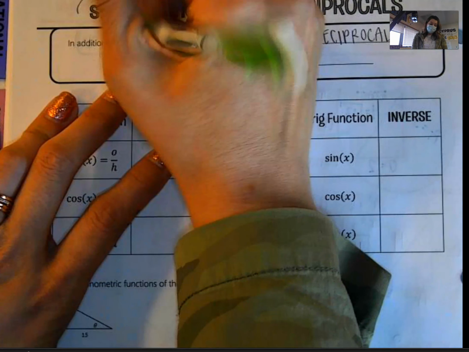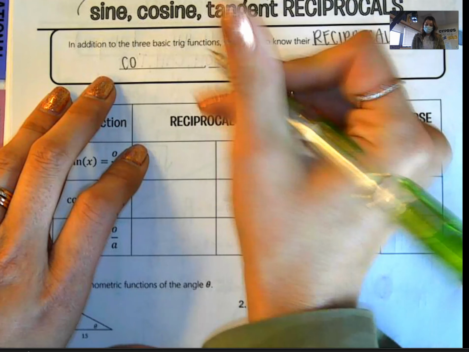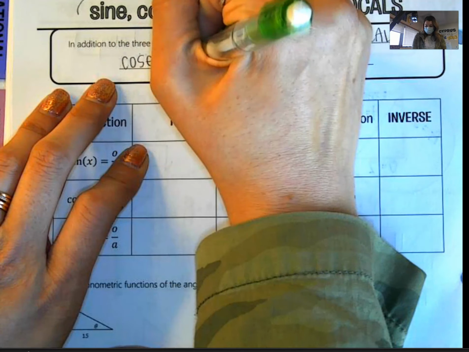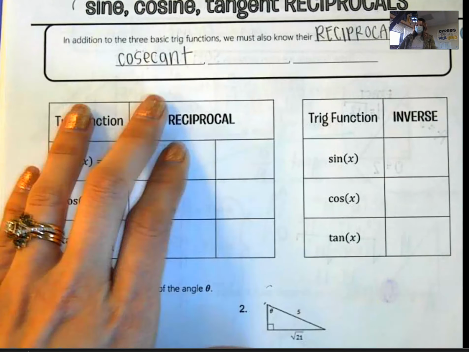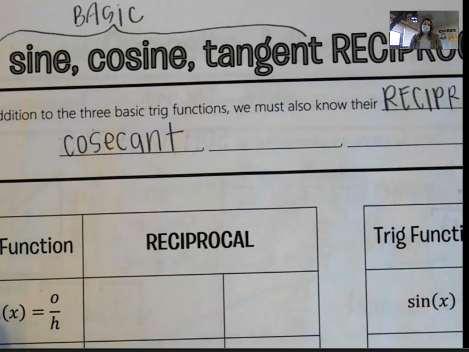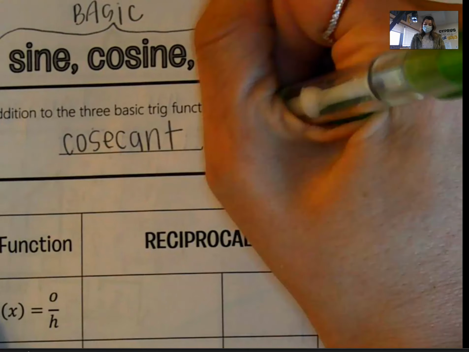They are cosecant, C-O-S-E-C-A-N-T. Cosecant. I say cosecant. Next one is secant.